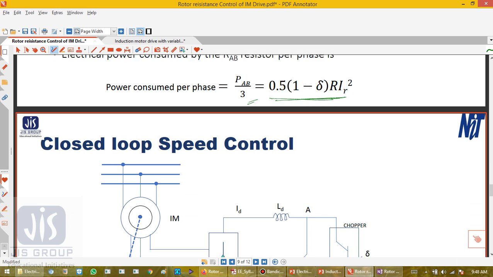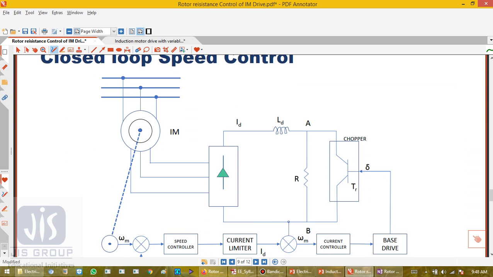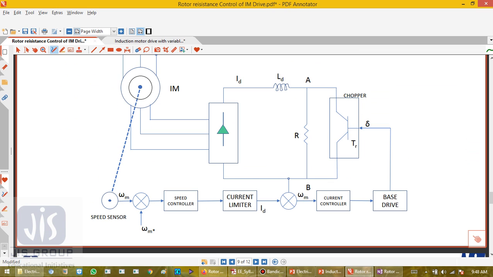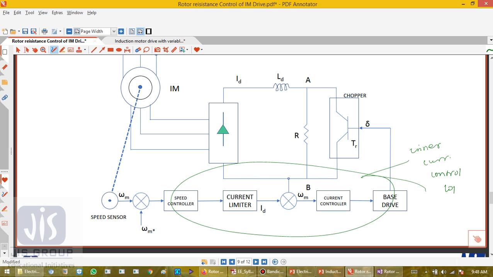Now this is a closed loop speed control scheme with an inner current control loop. Here we have used an inner current control loop.